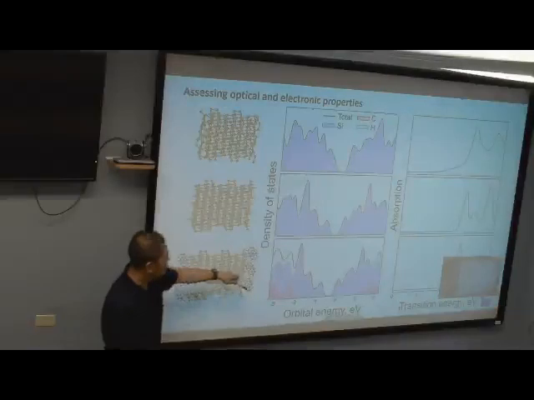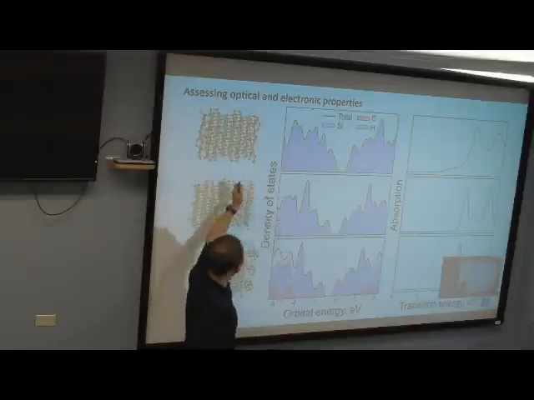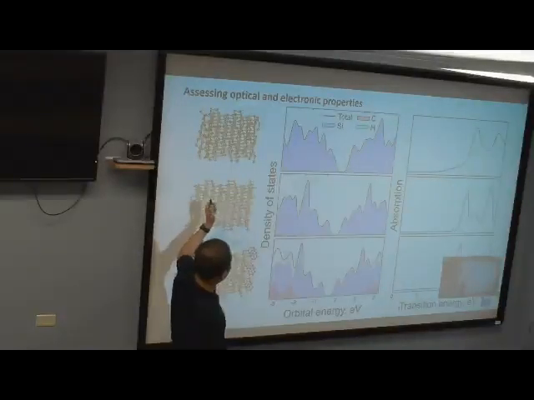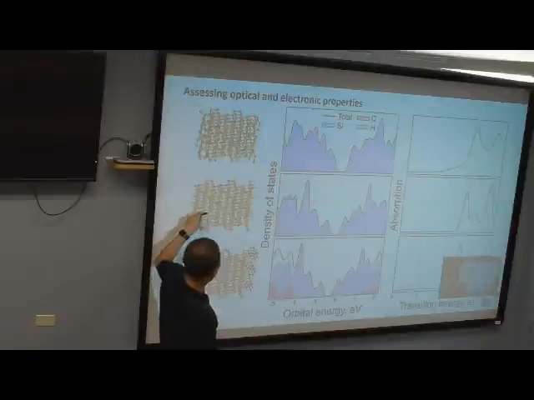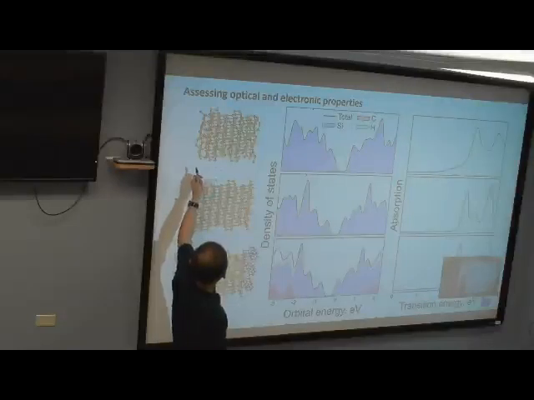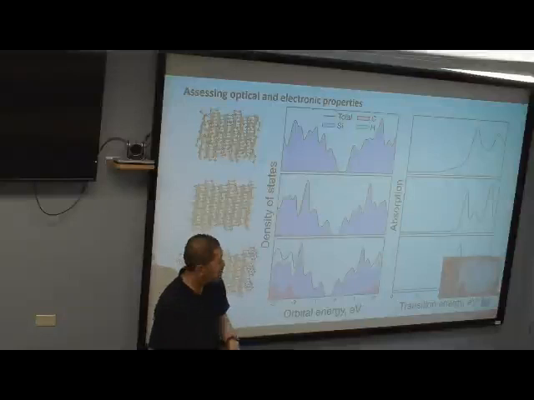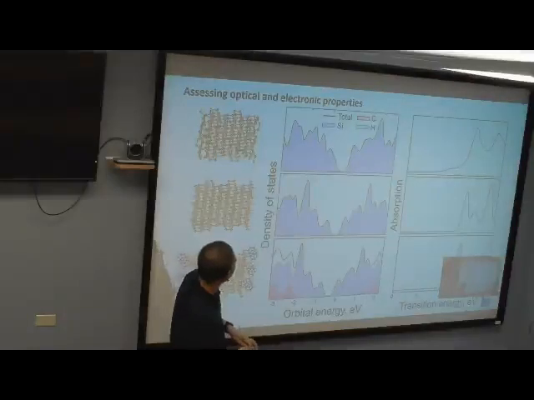So here it's the PDOS. Basically, the electronic properties of hydrogen passivated and phenol passivated slabs are quite similar. For the bare slab without any passivation, it's a little bit different.